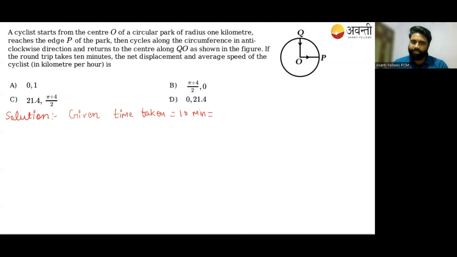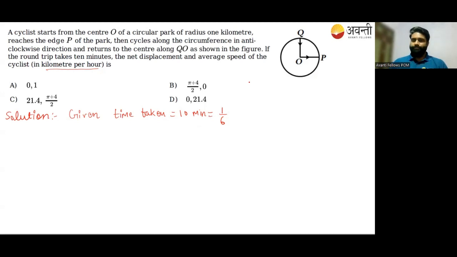Here the speed is asked in kilometer per hour. So I have to convert this into hours. So 10 minutes is 1 by 6th of an hour, because we have 60 minutes. So 10 minutes divided by 60, it is 1 by 6.